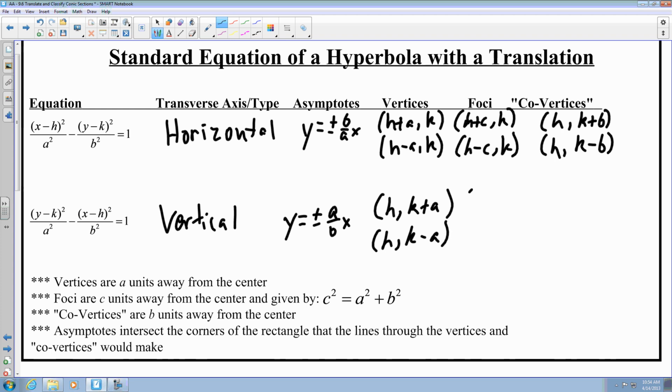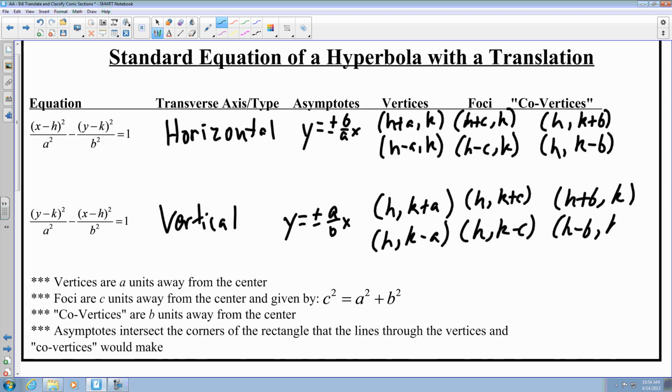Our foci will be at h comma k plus c and h comma k minus c. The co-vertices will be at h plus b comma k and h minus b comma k. Still the same thing: to find c, or any other values that are not given, we can go c squared equals a squared plus b squared.